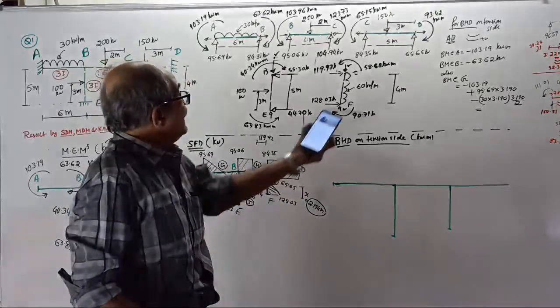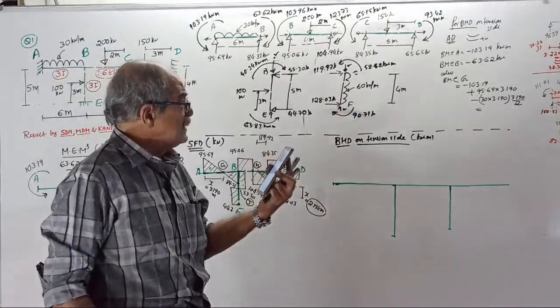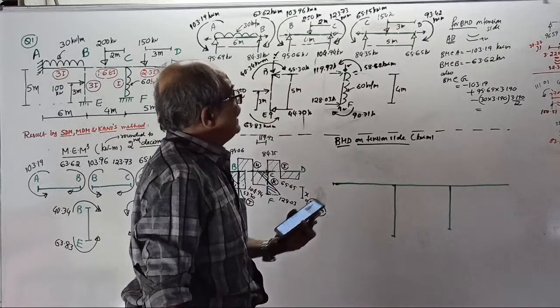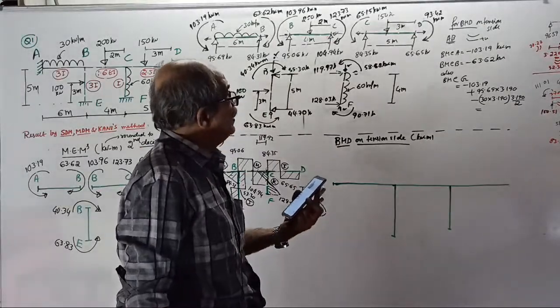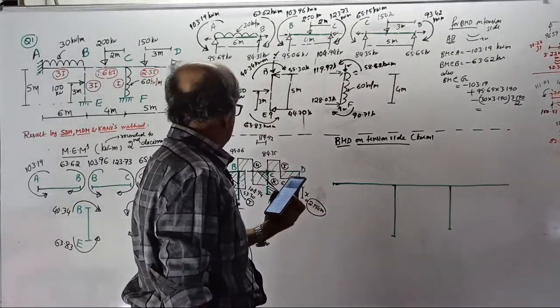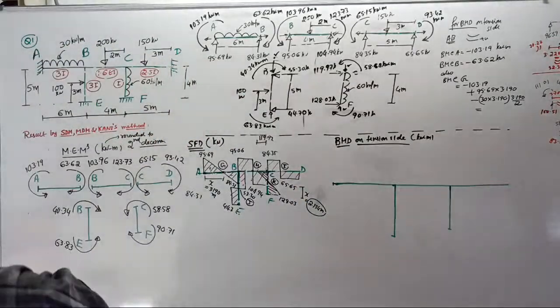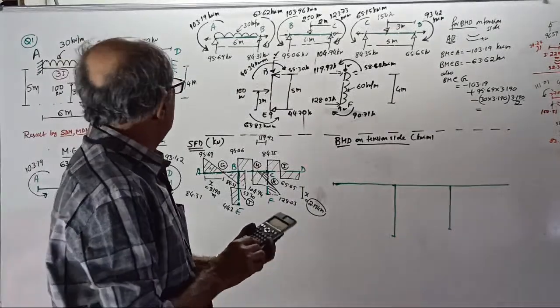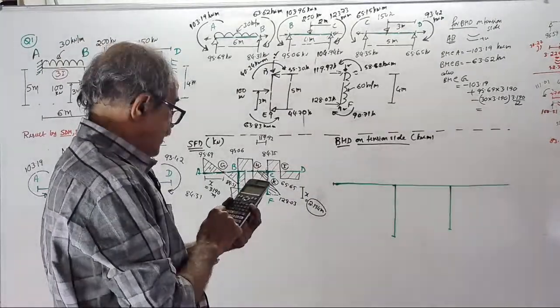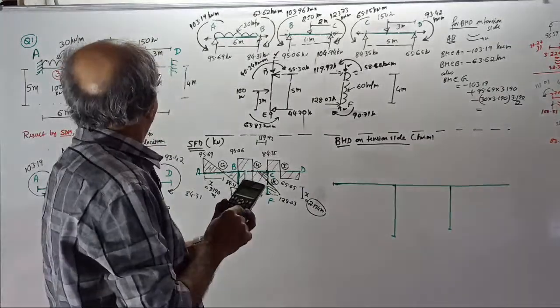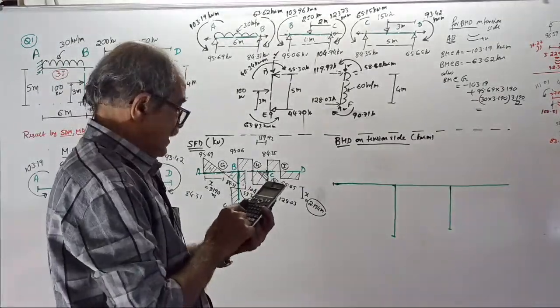Now, tell the answer. BM at G. Answer fast. What is the BM at G? You are wasting time. If you don't tell BM at G, time is wasted. 95.69 square divided by 60 minus 103.19.